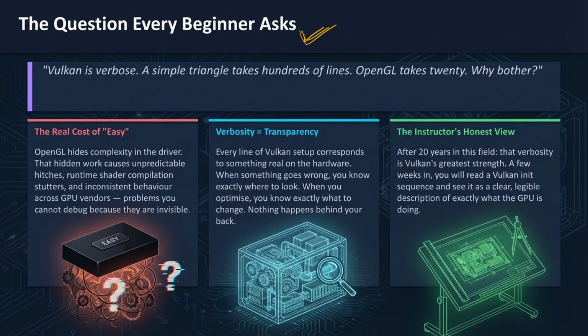So what you want is a very simple program. Now if you want to do a simple program in a graphics API, it would look like a very simple triangle that you want to draw, a simple triangle with different colors on its vertices.